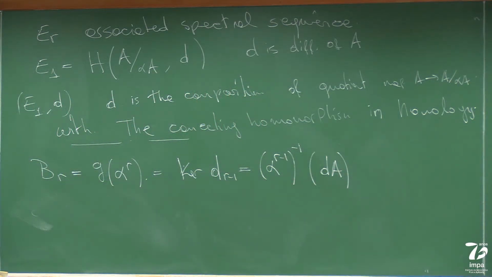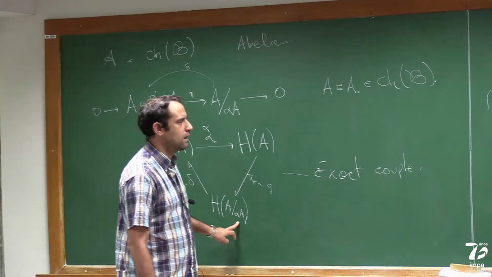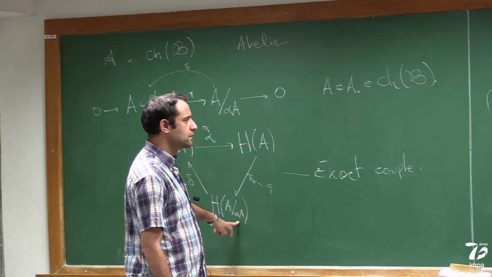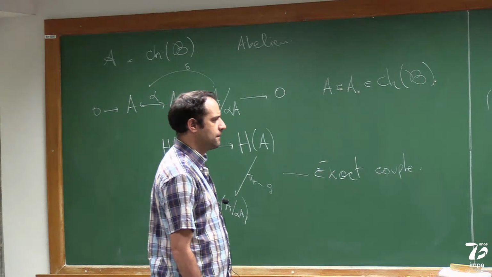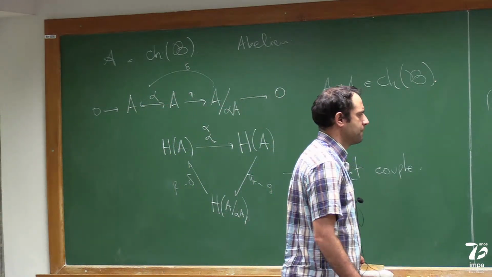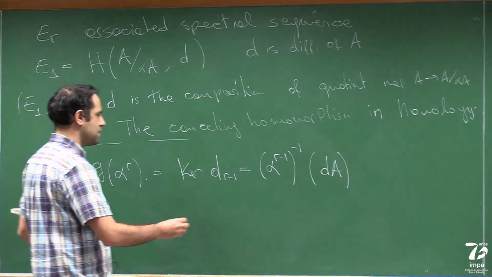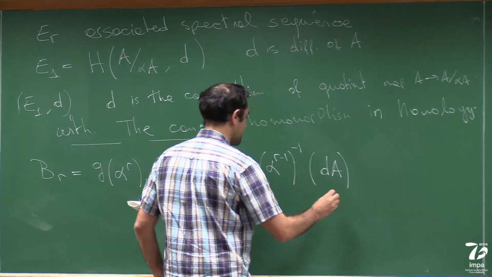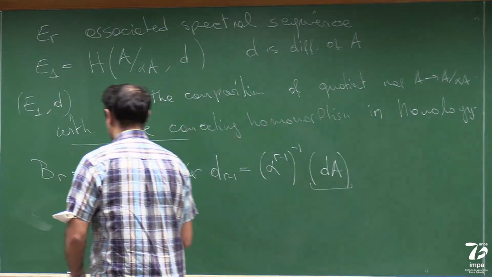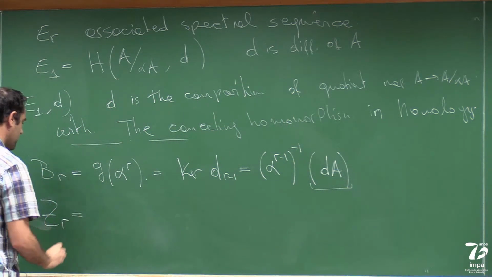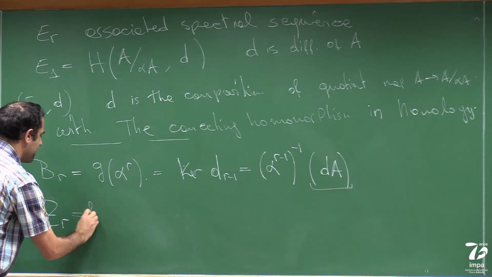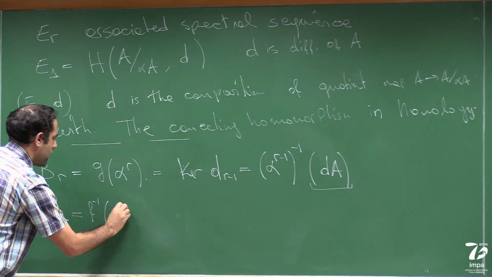Because D of A is what gets killed here, this alpha A. Well, this is the image of the differential. Let me write them and then we'll check these things. So this Z_r is F inverse of alpha_{r-1}.